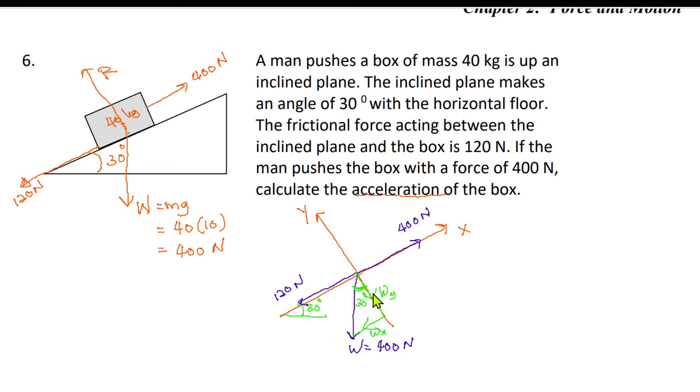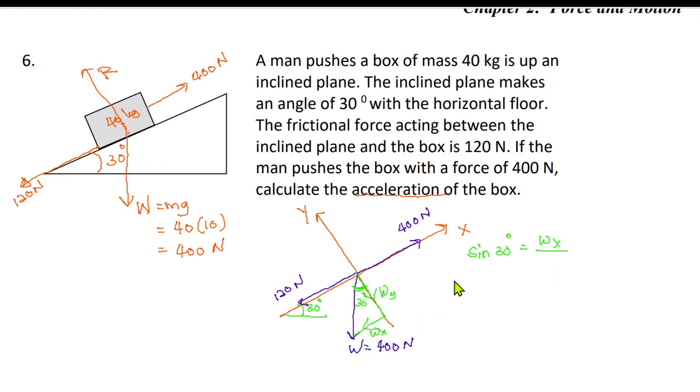Okay, how am I going to get my W sub X? W sub X is opposite to my angle. So if opposite, I am going to use sin theta, correct? So sin 30 degrees equals W sub X divided by my hypotenuse.